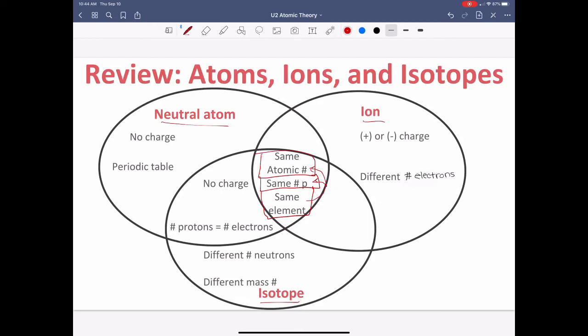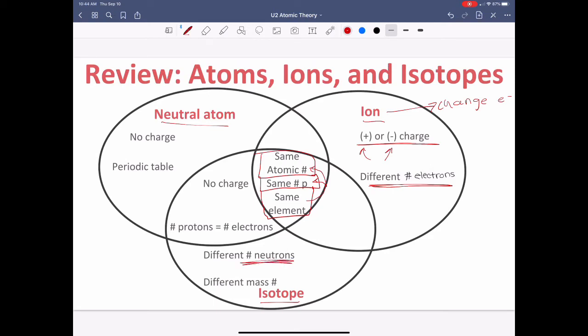But then when we're looking at our ions, ions change the number of electrons. So we gain or lose electrons to get a positive or negative charge. If I gain electrons, I'm now negative. If I lost electrons, I'm positive. So ions change electrons. The other version we can have is our isotopes. Isotopes change neutrons.